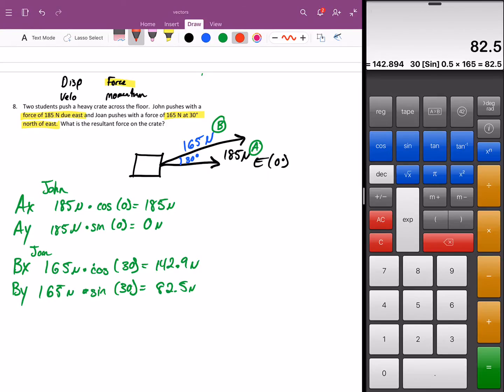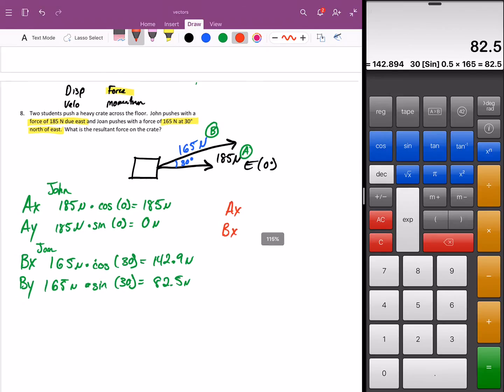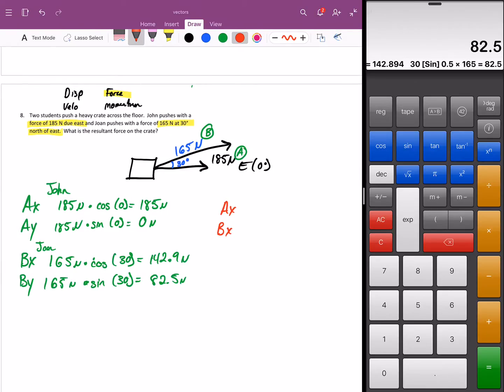Now we're going to add them all together. You will have AX, BX, AY, BY, and of course you're going to have your sigma X and sigma Y. AX, 185 newtons.